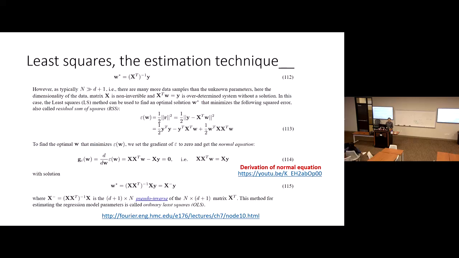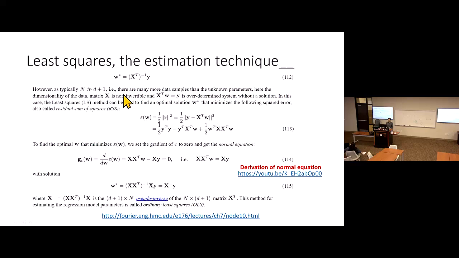This is another expression, same idea, just writing omega or W star here as beta. It proves that beta should be this formula, or you can write it in this formula. They are the same and give you a solution.